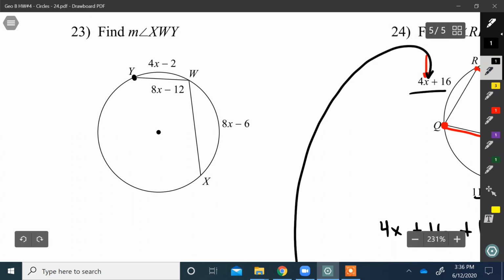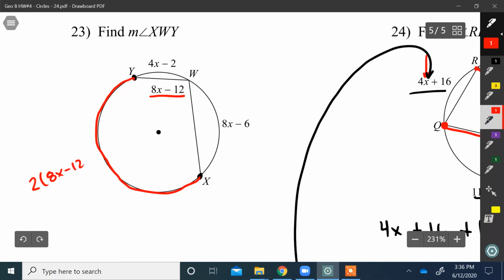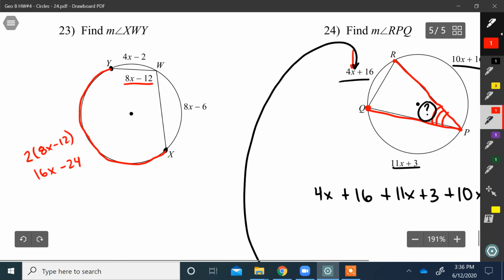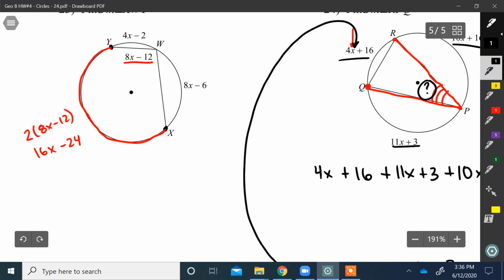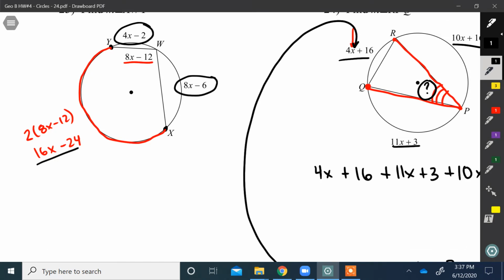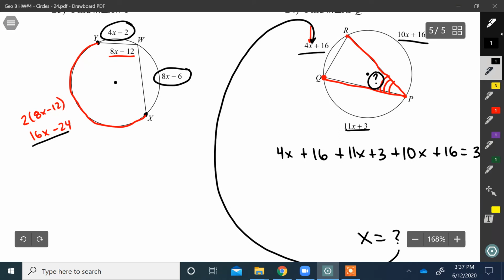This one here, we have an inscribed angle, or maybe I'll just set it up for you. That red portion is going to be twice as that. So it's going to be 2 times 8x minus 12. That means that this is 16x minus 24. So let's go ahead and move on. We know that this plus that, when I add all that together, that should add up to 360.